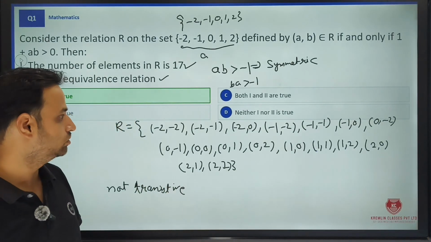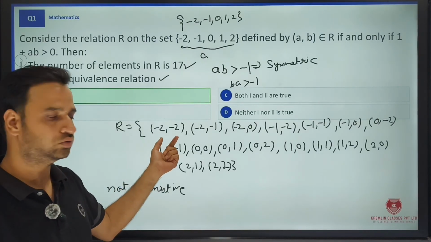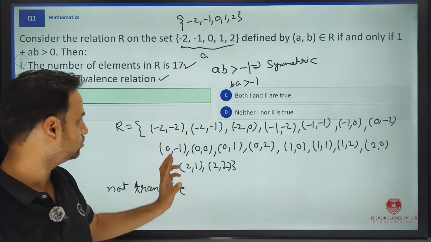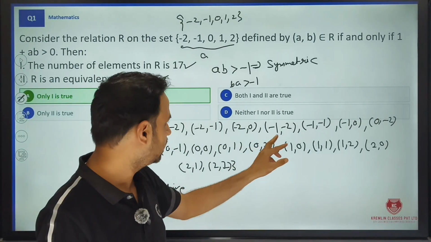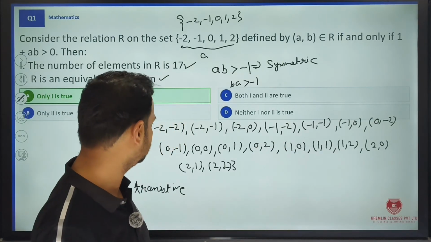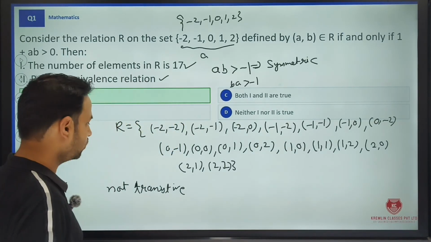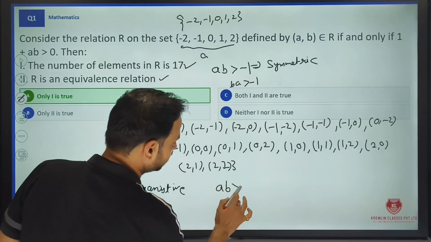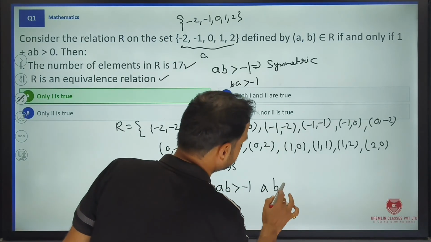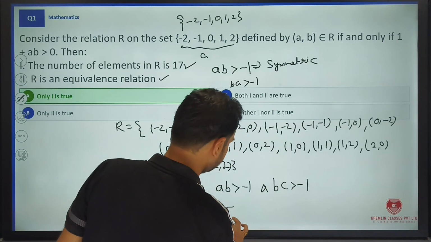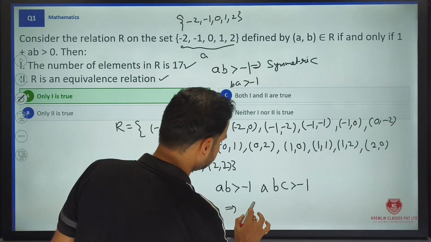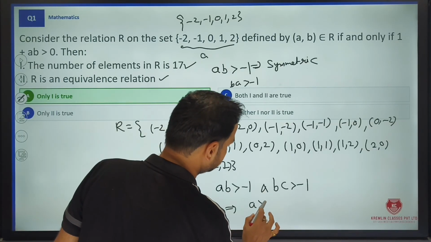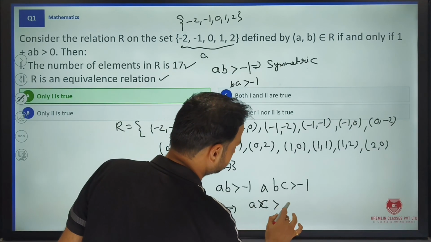It is not transitive. We are seeing -2, then (-2, -2), again (0, 0), (-1, -1), (2, 2). But it is not transitive because if ab is greater than -1 and bc is greater than -1, this implies ac is not greater than -1 for every number.